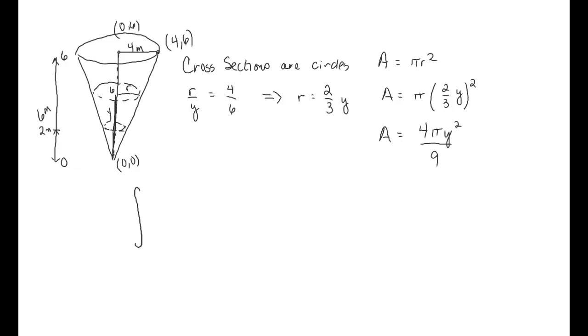We need our weight density, which is 9,800. We're working in metric units this time. We need our area piece, 4 pi y squared dy. That actually gives us our volume. So here's our area, the 4 pi y squared.